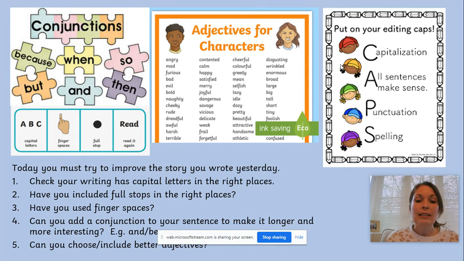So is there a place in your writing where you could put one in to describe maybe the place you've written about, or the character, or what's happening? And maybe you could write the adjective you want to use underneath the story you wrote yesterday, just to remind you that when we rewrite it in a minute, that one is going to get put into your story, and your grown-up can help you remember where it's going to go.